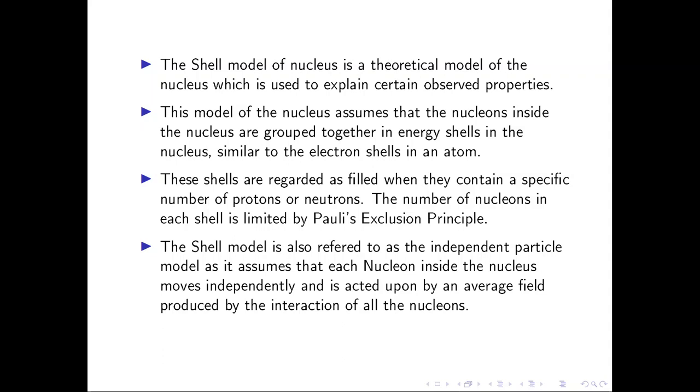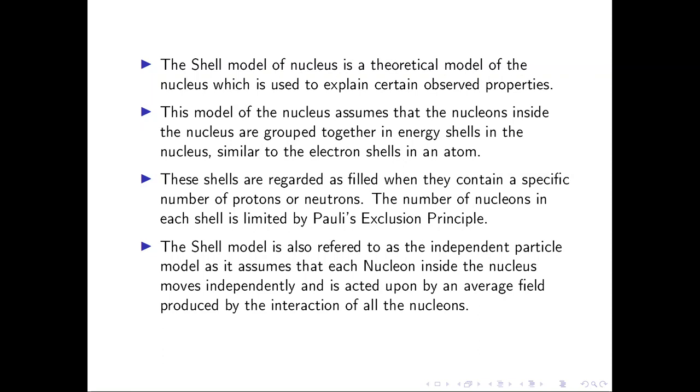However, unlike in the case of the atomic electrons, the field here is not known. In the case of the electrons we know it's the electrostatic field, but here what is considered is that the nucleons interact among themselves via the strong nuclear interaction.